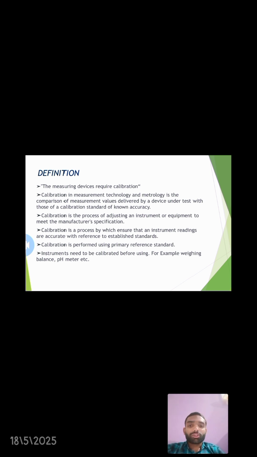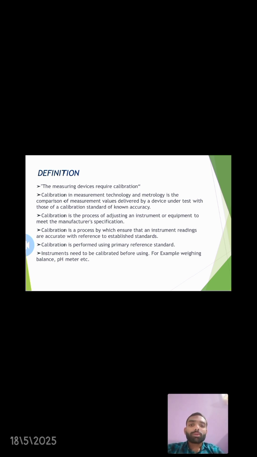What is calibration? Measuring devices require calibration. Calibration is measurement technology and metrology: the comparison of the measurement values delivered by a device under test with those of a calibration standard of known accuracy. Calibration is the process of adjusting an instrument or equipment to meet the manufacturer specification.